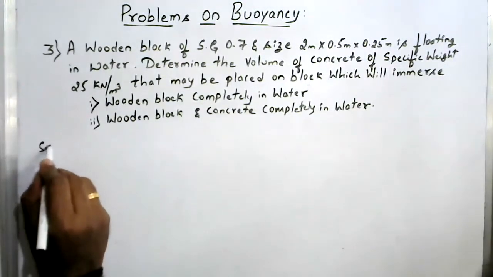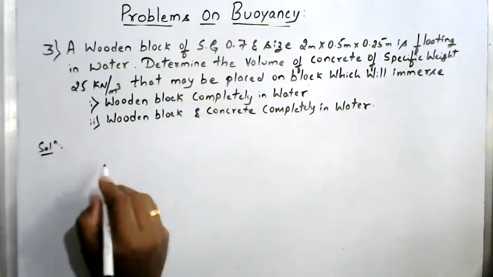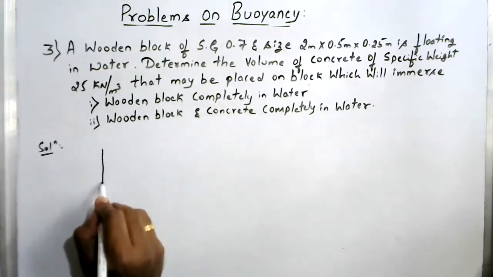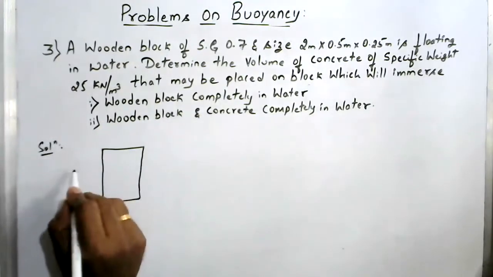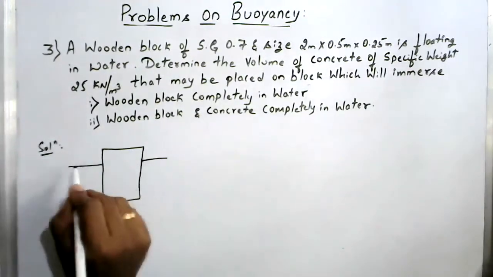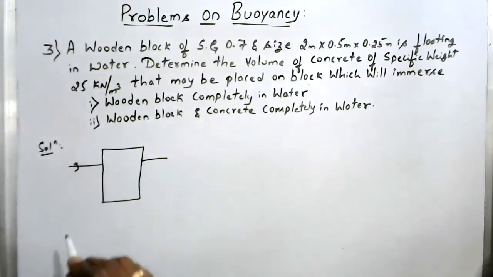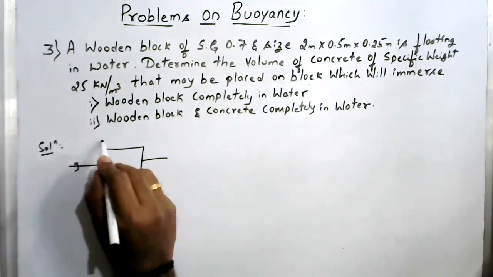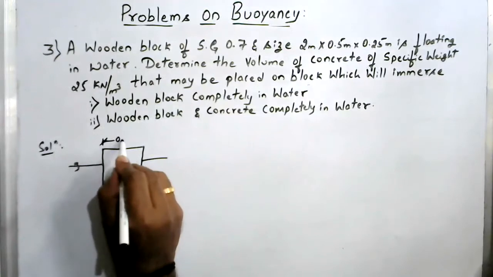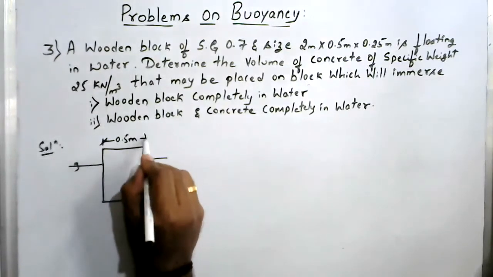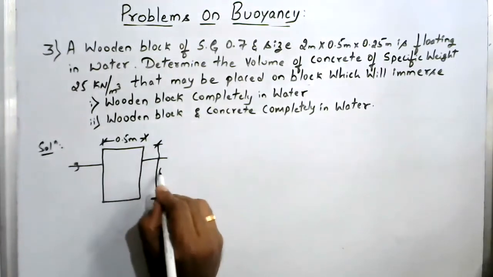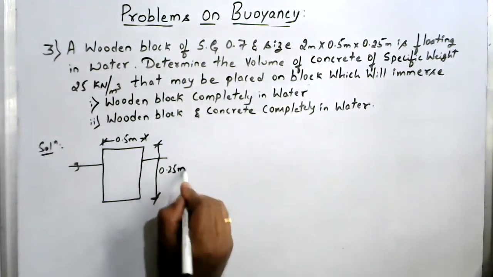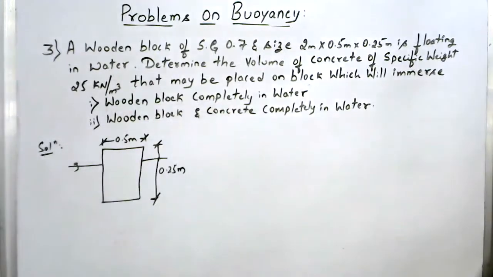See, in this problem, I'll draw the figure. There is a wooden block which was floating in the water. Floating means some portion is under the water and some portion is in the air. Here the width is 0.5 meter, the depth he has given as 0.25 meter, and 2 meter is the other dimension.